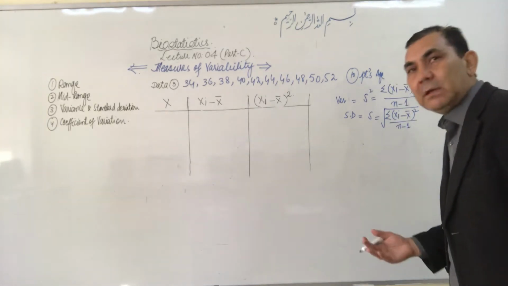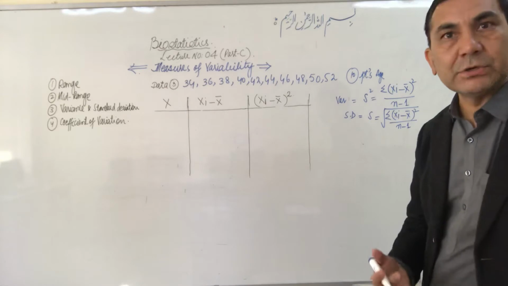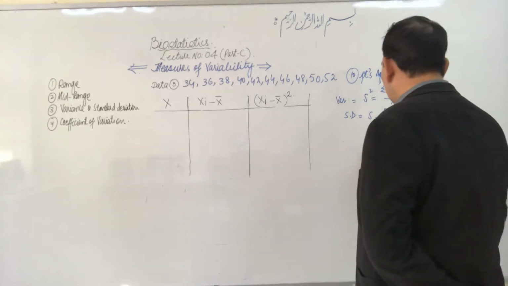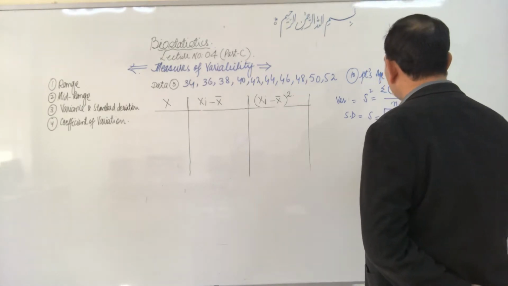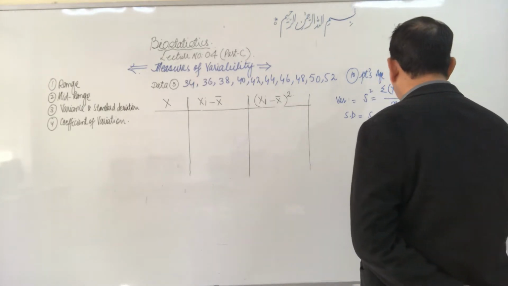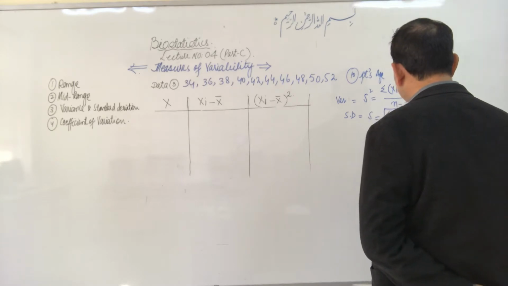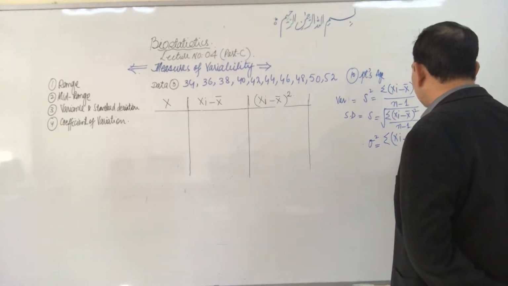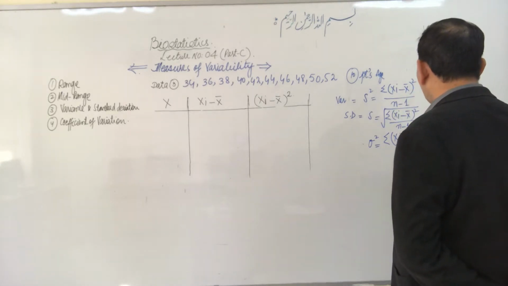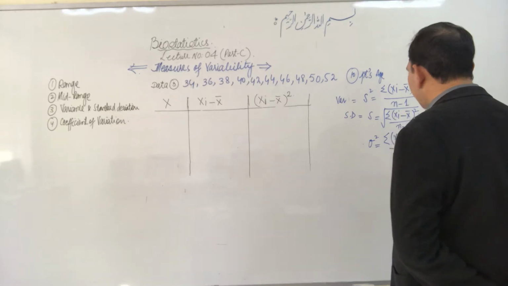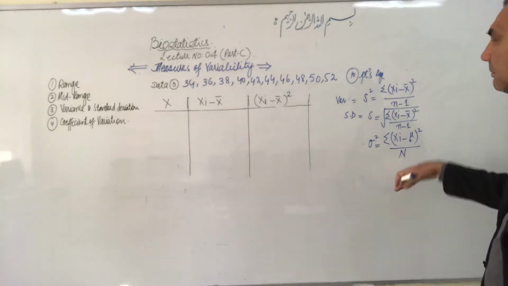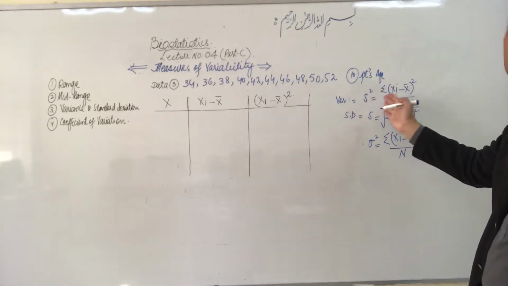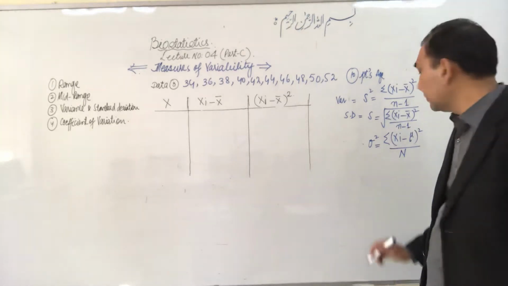Now we can also measure the variance and the standard deviation for the populations. So sigma square, the formula is the same: sum of xi minus, we will write x bar is the sample mean, the population mean is called mu, whole square divided by capital N. We will not write n minus 1. N minus 1 we write in the sample calculations.